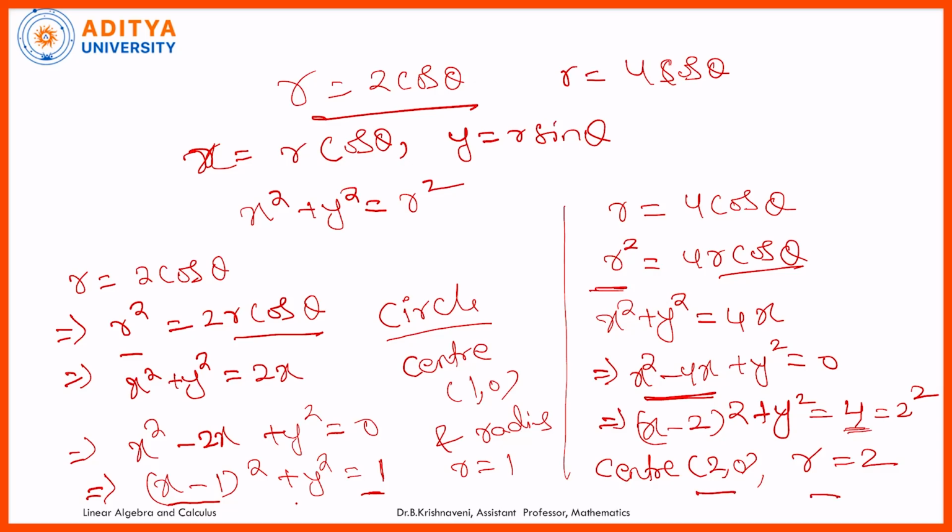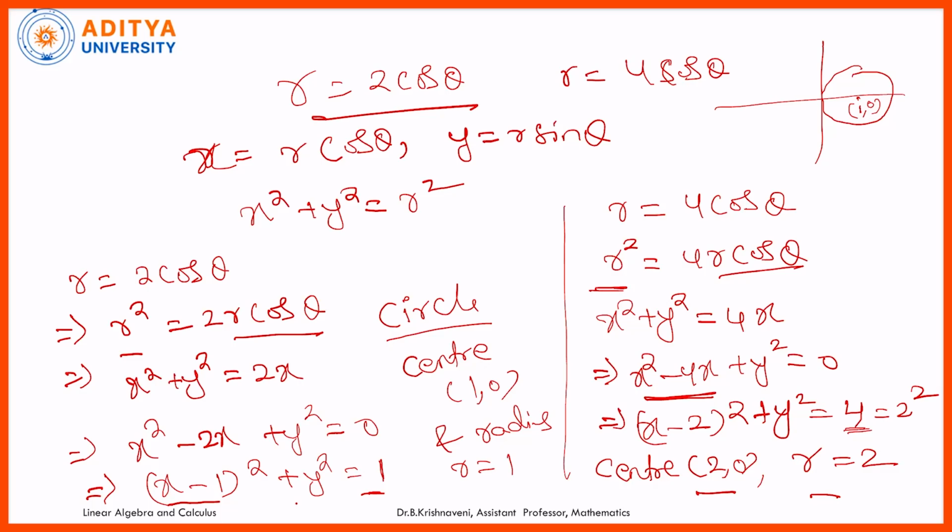Now we need to draw the region corresponding to the circles. The first circle has center (1, 0), so let us take this as 1, representing (1, 0), with radius 1.